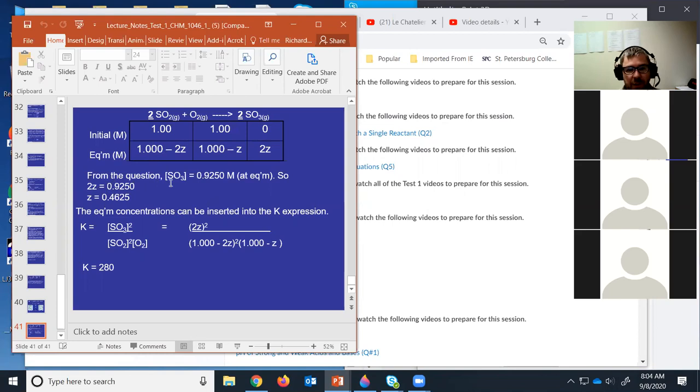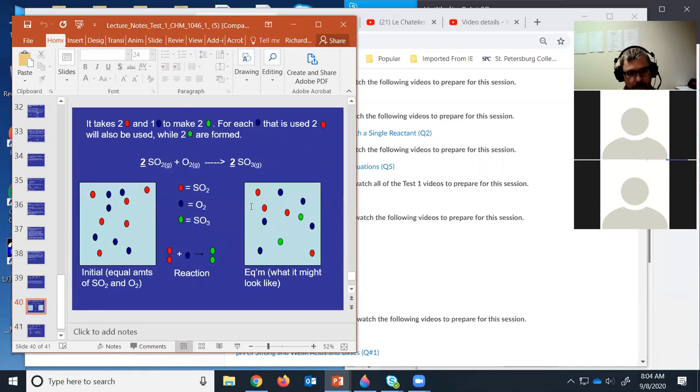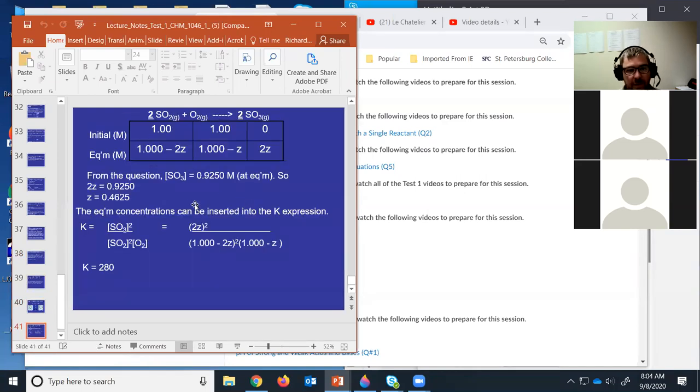Now from the question, we're told that at equilibrium, the SO3 concentration is 0.9250 molar. That was given in the problem. This allows us to calculate Z. So we know that 2Z, since that is the equilibrium concentration of SO3, is going to be 0.9250. So Z here is going to be 0.4625.